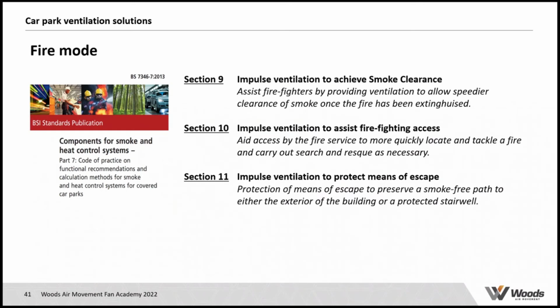And Section 11, I've included it because it's included in the BS 7346, but in my working career, since the launch of this document, I've never really seen a Section 11 design, which is an impulse ventilation system to protect means of escape, basically focused on extending the evacuation period. I think that should not be something you look at, because again, the building needs to meet the building regulations in terms of fire safety.